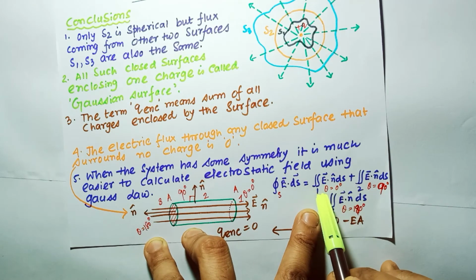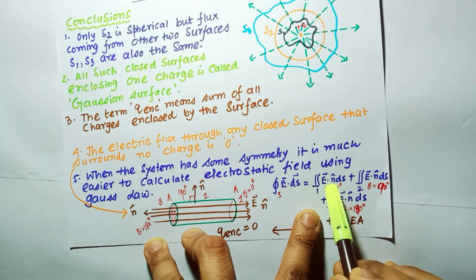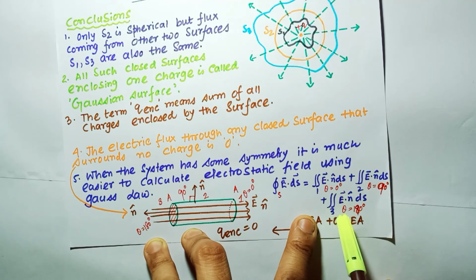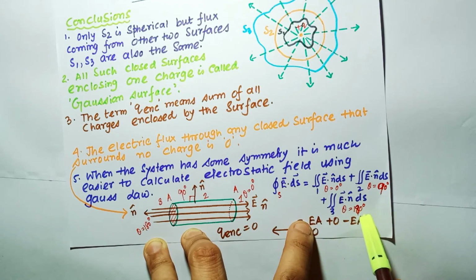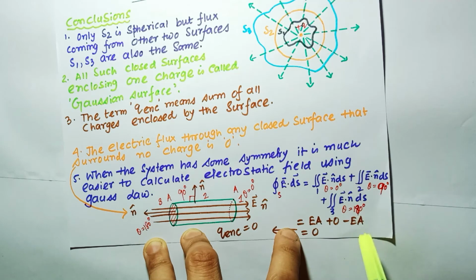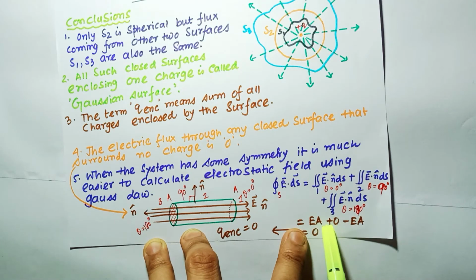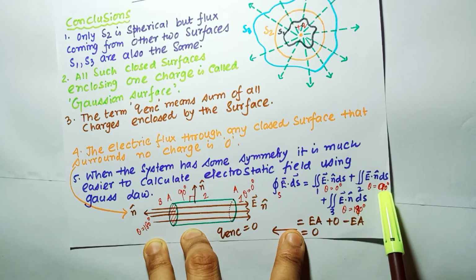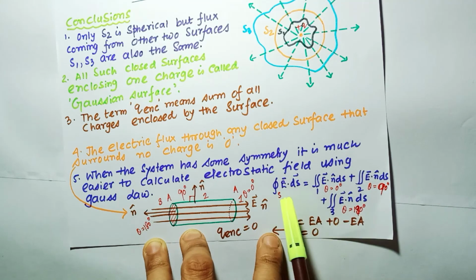For surface 1, the surface integral of E dot n cap ds with theta equal to 0 degrees, plus surface 2, the curved one, with theta equal to 90 degrees, plus surface 3, also the flat one, with theta equal to 180 degrees. For the first and third you can see this is EA and this is minus EA, and as the second one has theta equal to 90 degrees, it becomes 0. So the closed surface integral of E dot ds becomes 0.